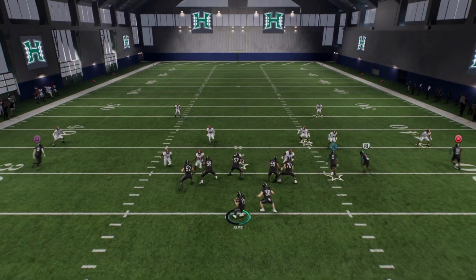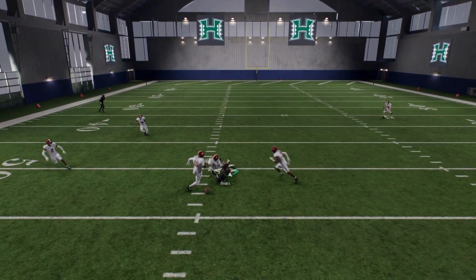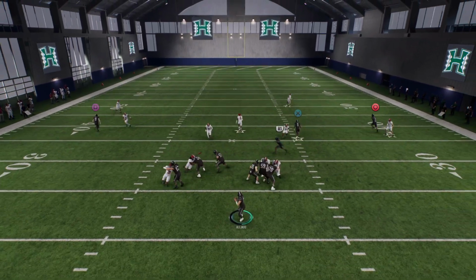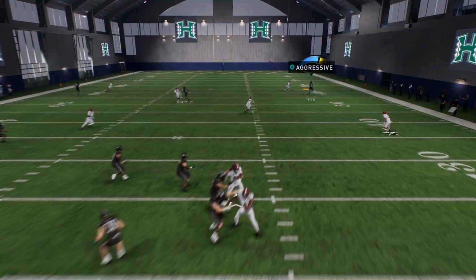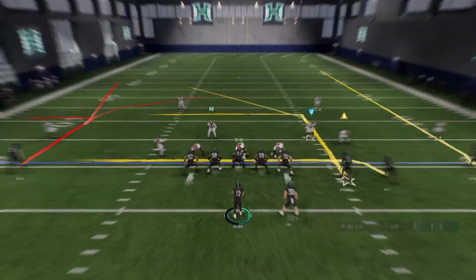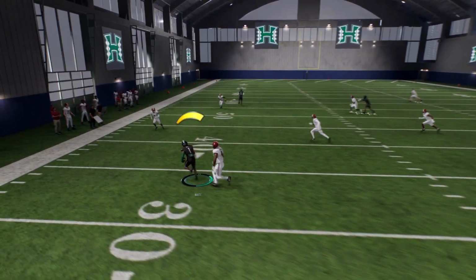Okay, so let's see. The reason why this coverage is beloved so much is that middle linebacker. He plays so it turns into a cover three in essence, right?